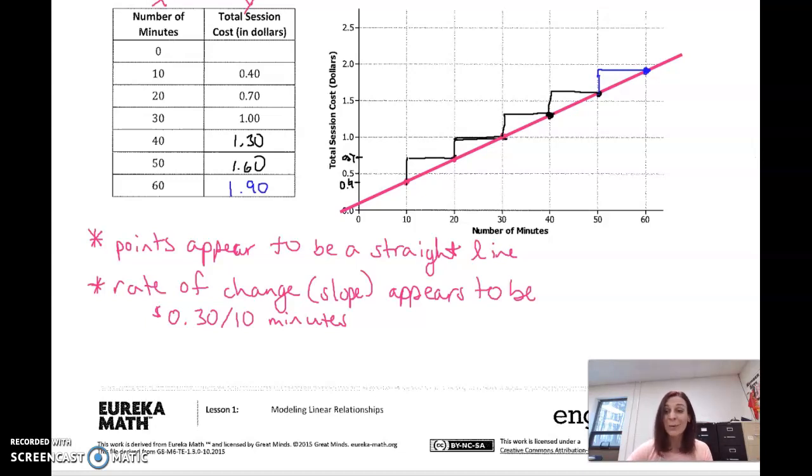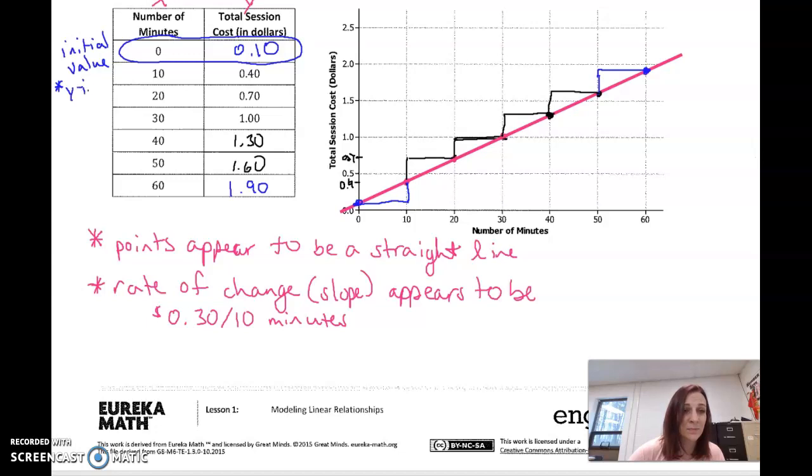Not that we read from right to left, but if I go down 30 cents in over 10 minutes, if I'm at 40 cents and I go down 30 cents, I'm at 10 cents. This right here is our initial value, right? Where our number of minutes is 0. So this is initial value, and it's our y-intercept.